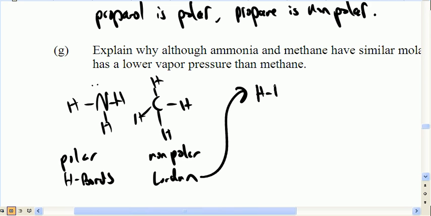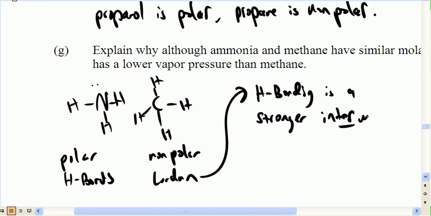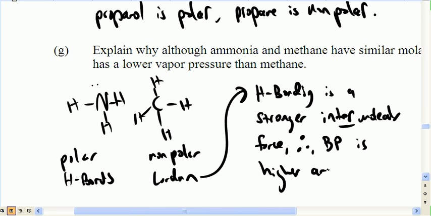So H bonding is a stronger intermolecular force, therefore boiling point is higher and vapor pressure is lower. Good job.